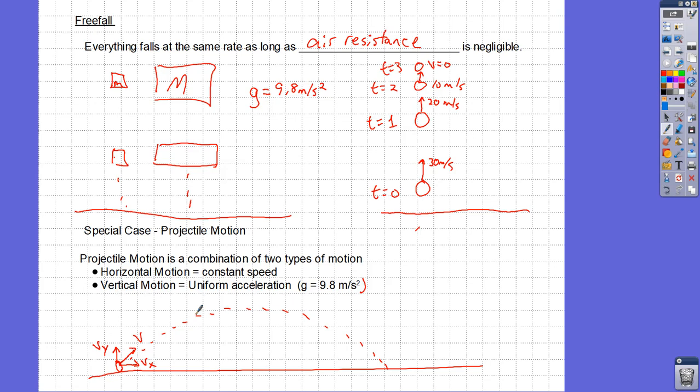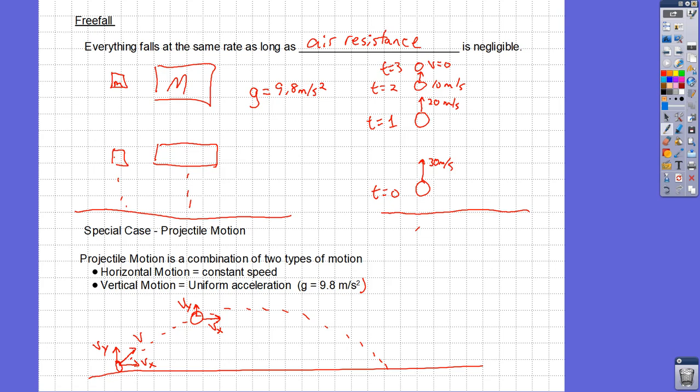And so later, as it moves upward, vx in this context is going to be the same the whole time. It's constant. It's always traveling the same distance each second horizontally. But as it moves upward, that vy component, gravity's pulling it down, so it's slowing down on the way up.